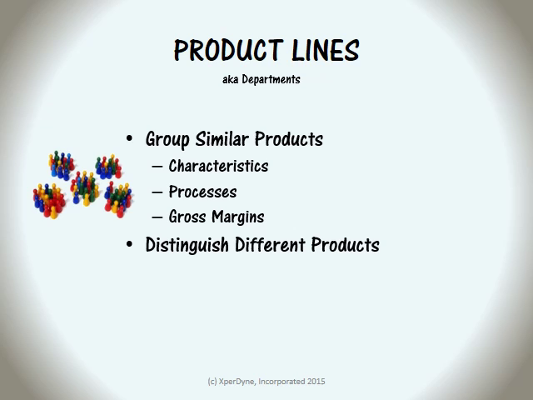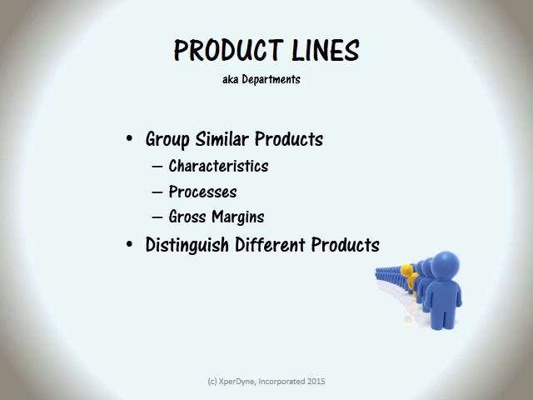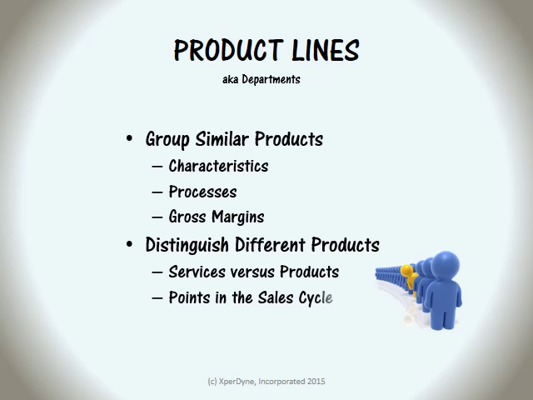Widgets and widget repairs would also appear as two separate product lines. If customers have the option of installing the widgets themselves or separately purchasing installation, that would be a third natural product line. Restaurants typically track beverage and meal sales as separate product lines and often break out desserts because of higher gross margins and the different points in the sales cycle.